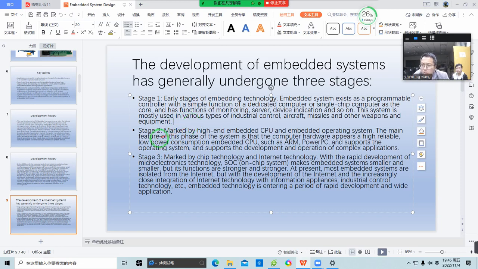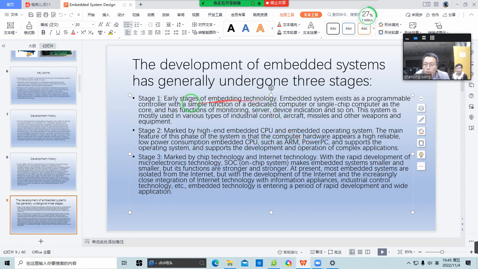And then stage 2, marked by high-end embedded CPU and embedded operating system. The main feature of this phase is that the computing hardware appears higher, more reliable, with low power consumption: embedded CPUs, such as ARM, PowerPC.